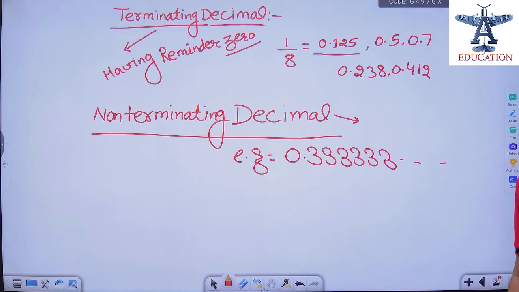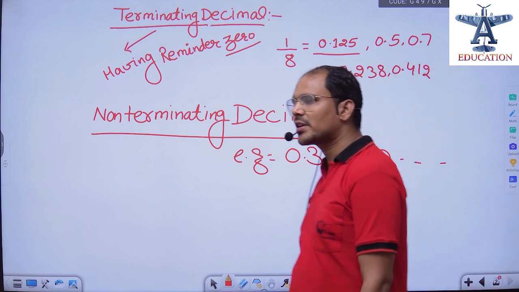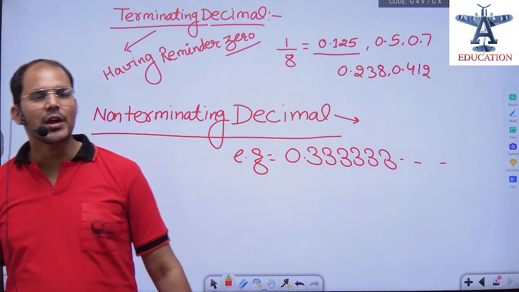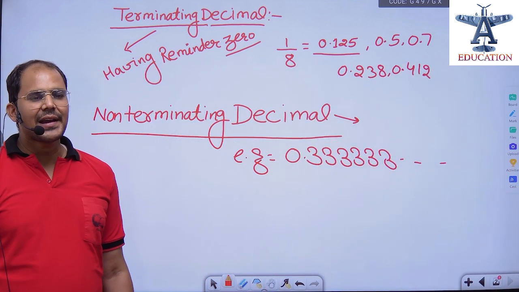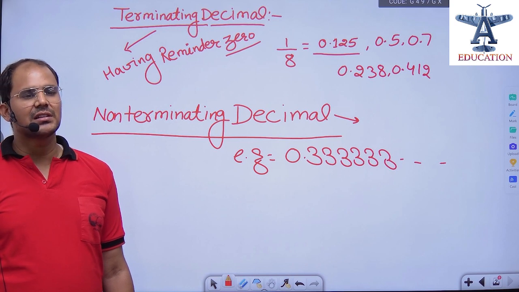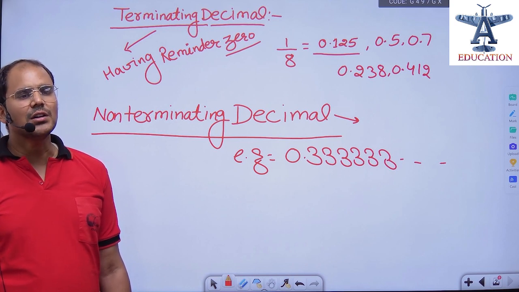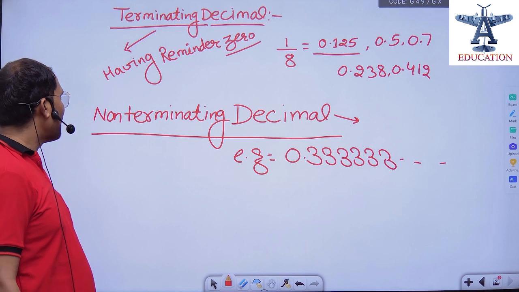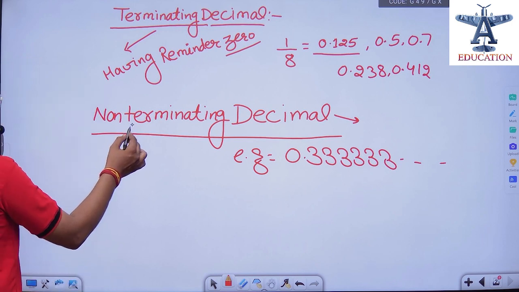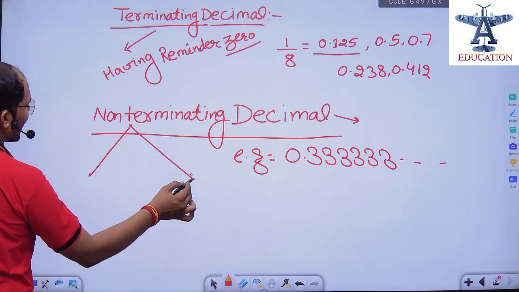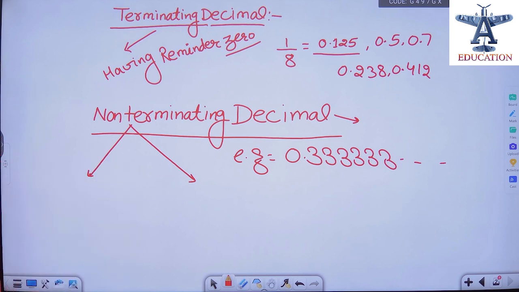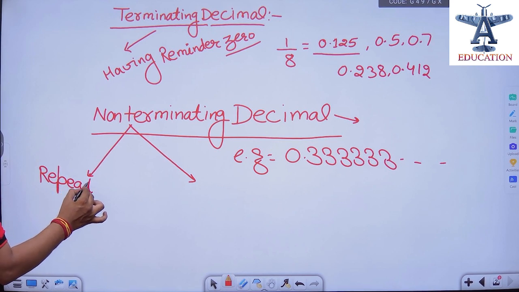It means the remainder of the number is never 0. But non-terminating decimals are further divided into two parts. First one is non-terminating repeating decimal.